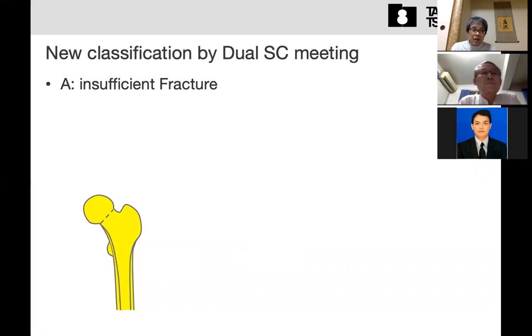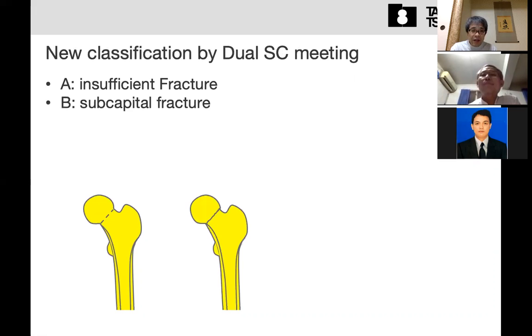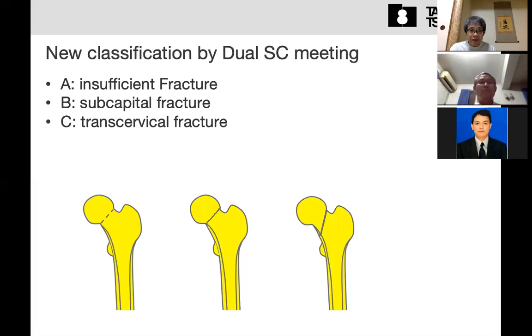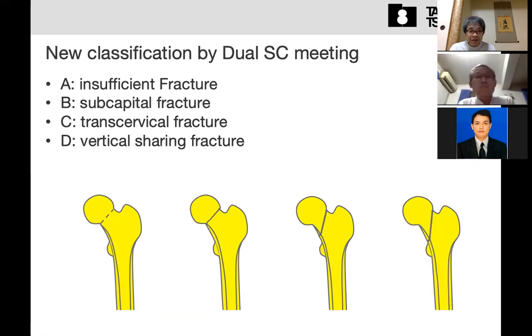Previously, we made a group to discuss the femoral fracture using the dual screw, and we proposed a new classification system. It is not so difficult to understand. We classified into insufficient fracture, subcapital fracture, transcervical fracture, true femoral neck fracture, and vertical shearing fracture.